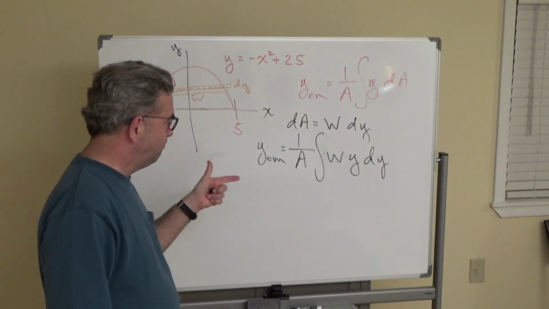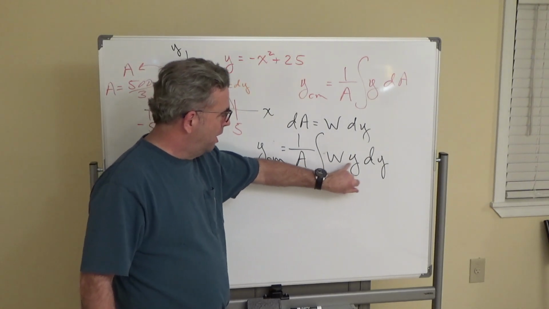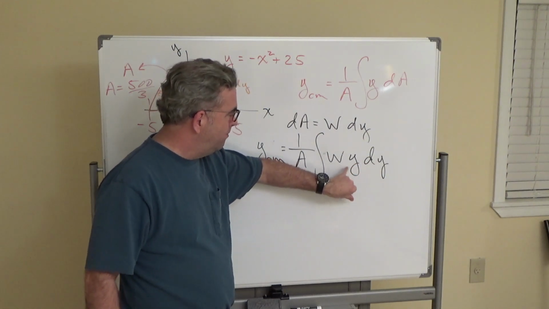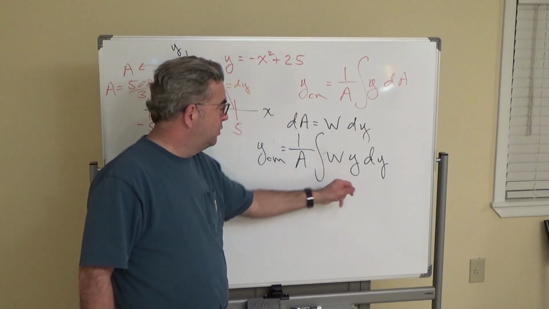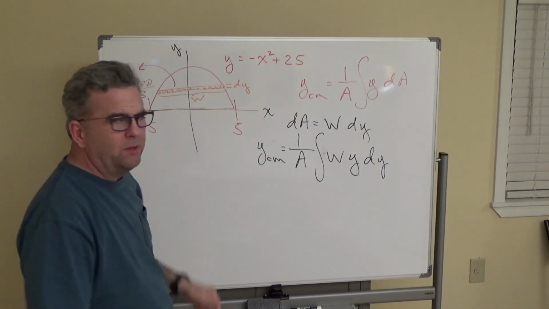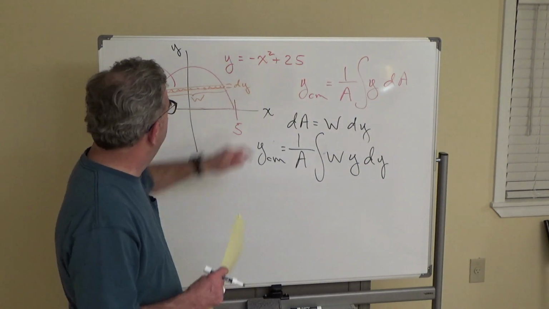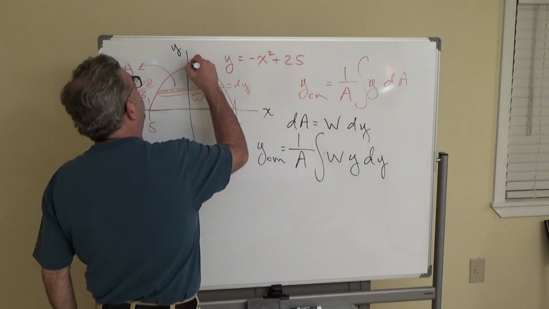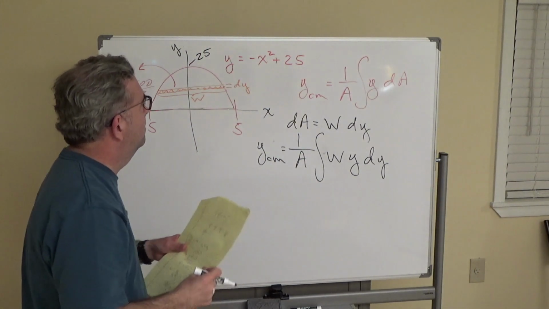So now w dy plays the role of the mass, and y is the position. And we're going to integrate from 0 up to the top. By the way, what is that top point? That's when x is equal to 0. So this point is 25.